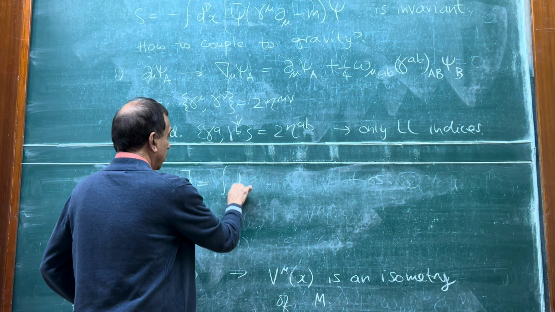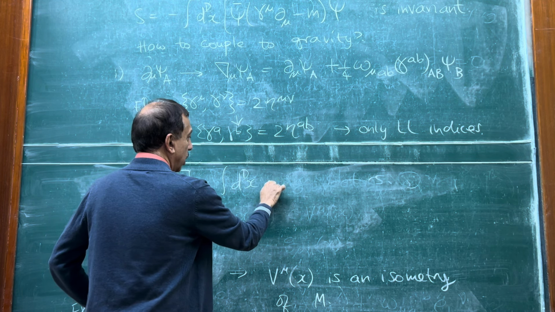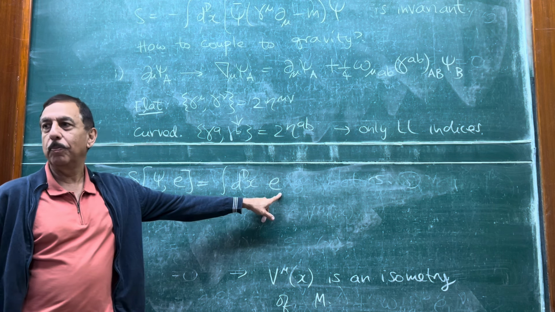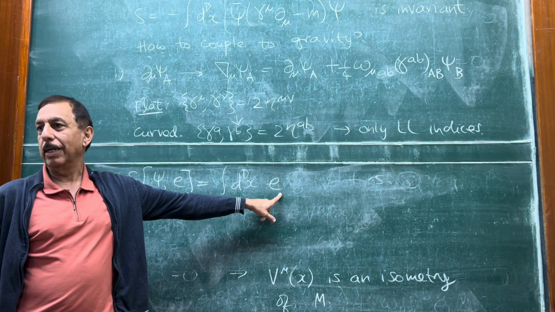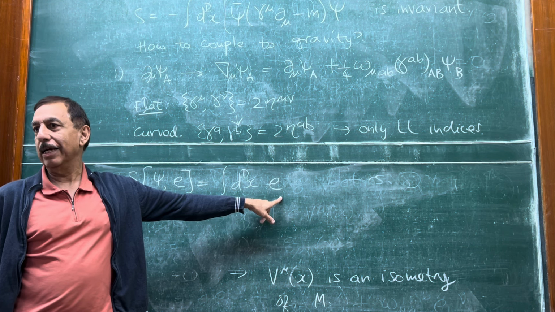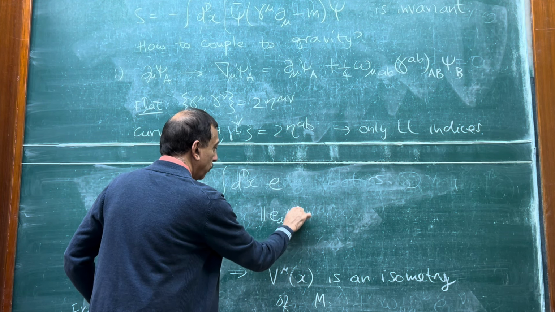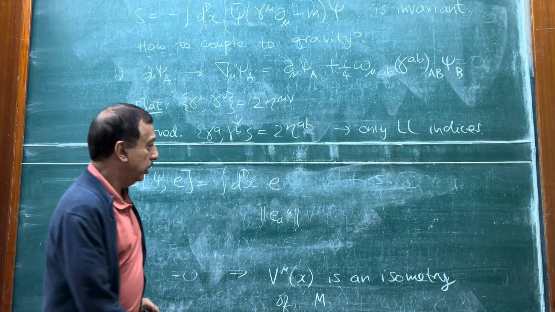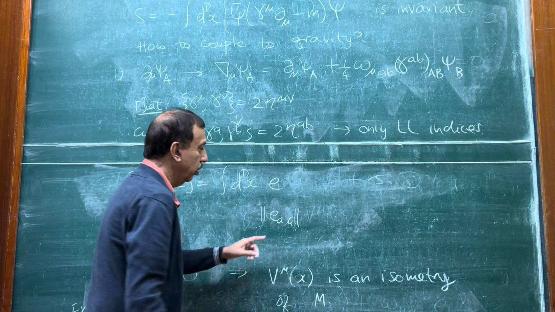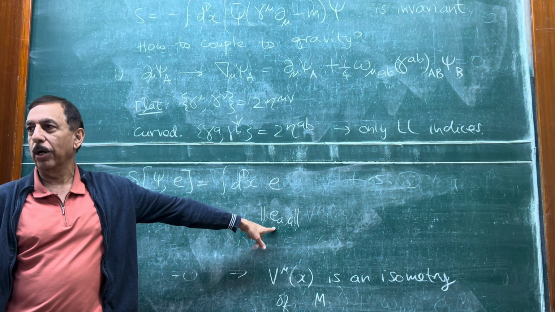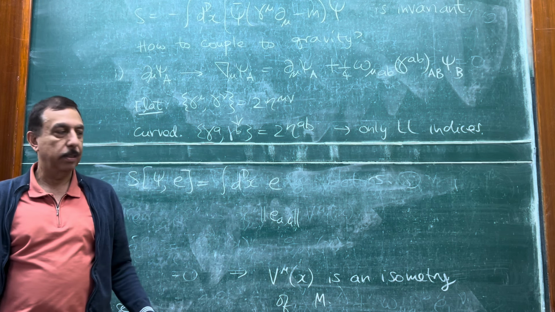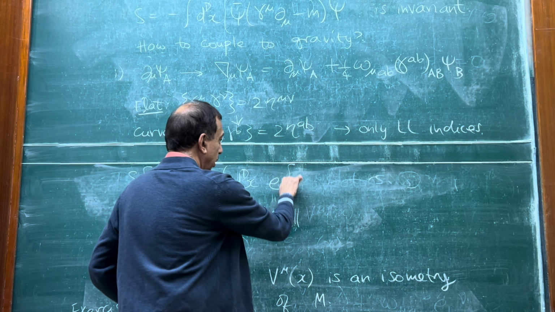So we have the integral d^dx. Then we put here an e. Normally we put root det g, but e is the det of e. This e means det of e a mu, or actually e mu a. This is the one whose det is the square root of g. So this will be there.